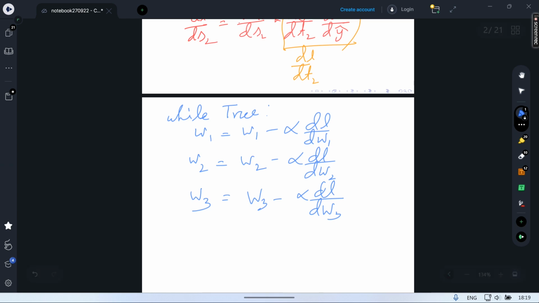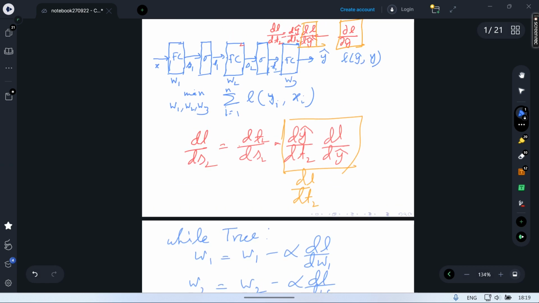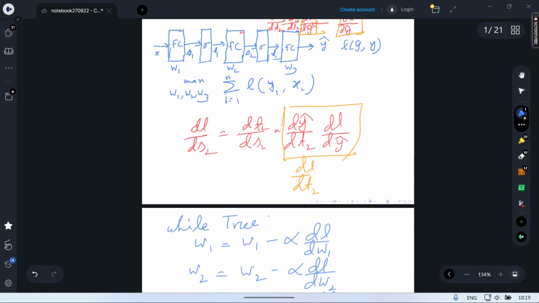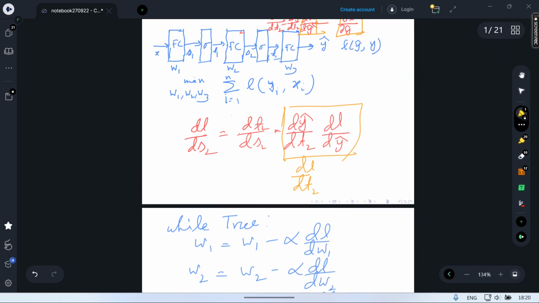Then let me come to the problem of vanishing and exploding gradients. As we have seen, when you calculate the derivative using back propagation, you multiply the derivatives of the layers to get the full derivative. For example, in this derivative you multiply three derivatives one by one to get the derivative with respect to s.